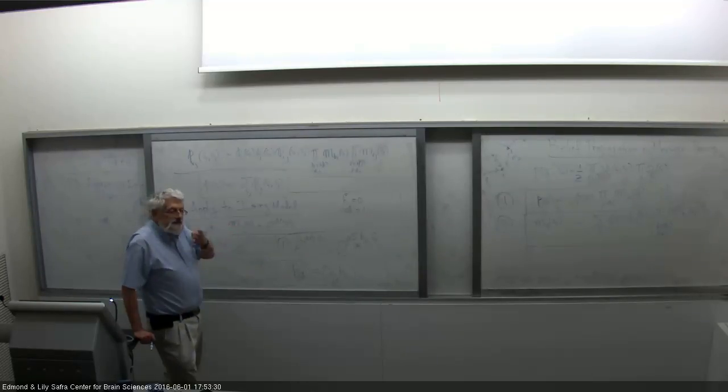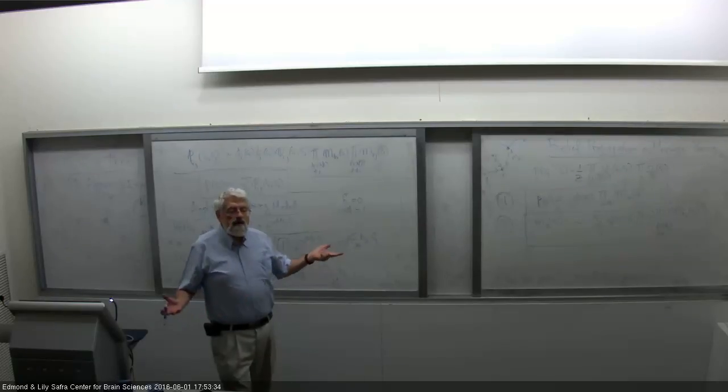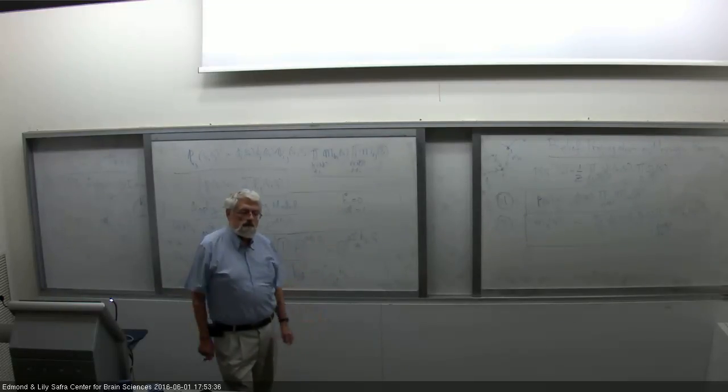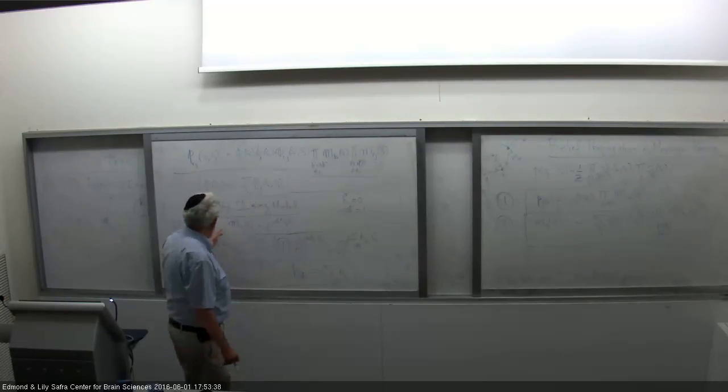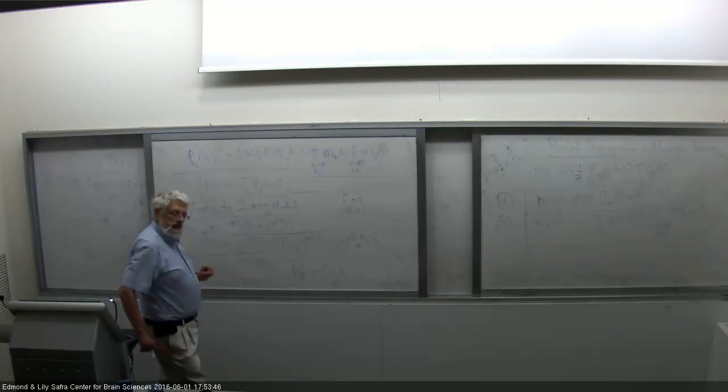It's just the fact that it's a function of a single binary variable of plus or minus one. That's all. There are no assumptions here. This is the definition of the h_ij and the h_i.